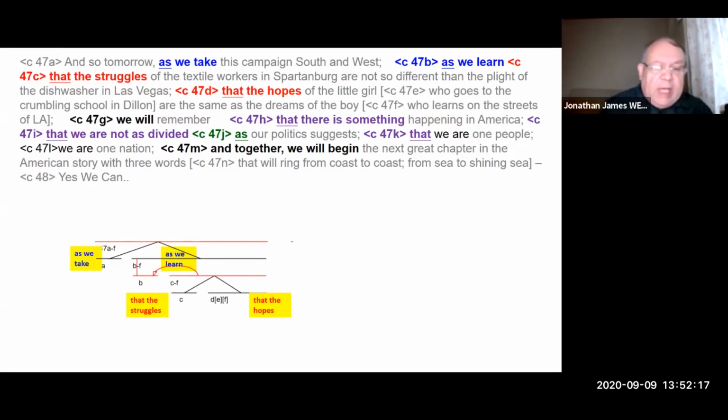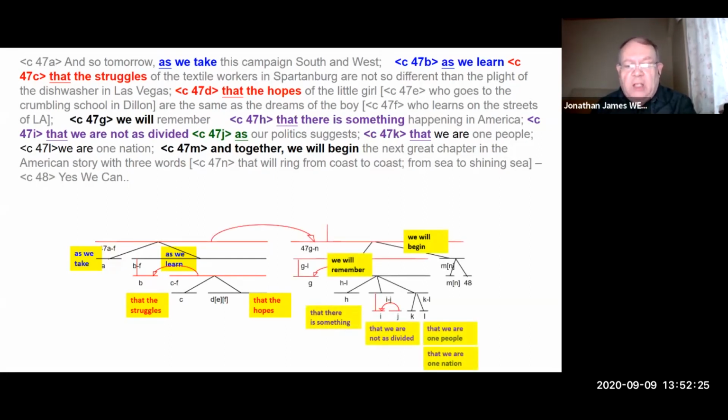Now all of that part at the beginning here is sort of hypotactically pre-modifying what follows, and that is the main idea. We will remember three things: that there is something, that we are not as divided, that we are one people, that we are one nation. Do you see there's a structuring here?